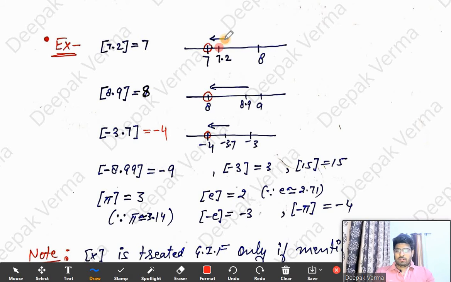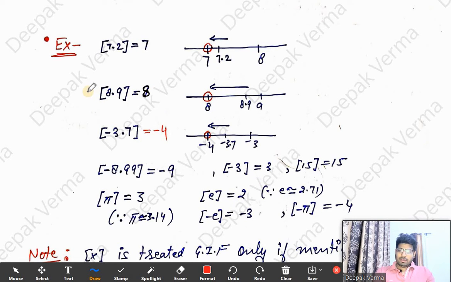Now we start moving towards left. The very first integer that we get is our required answer. Again, I repeat, the very first integer which we get on moving towards left. So in this case, we get 7. So the answer is 7. I hope it is clear.